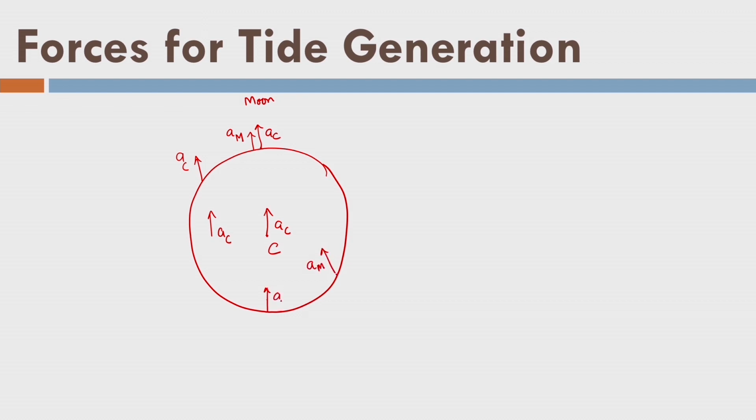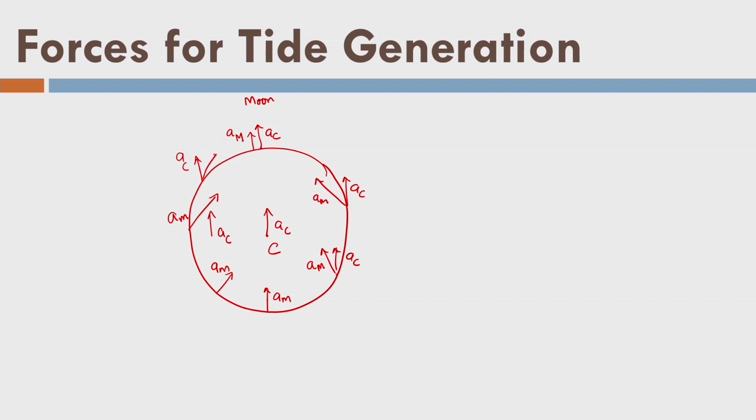So like this, and like this. What about the AC? AC is like this. Here at this point, if I draw, AC is like this and this is AM, and so on and so forth.